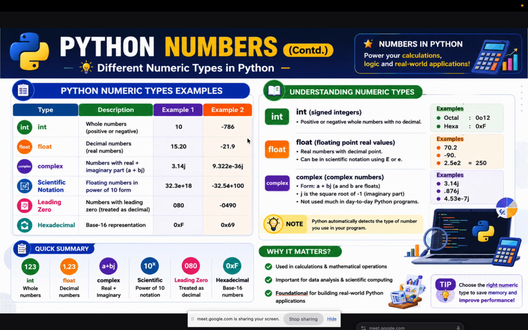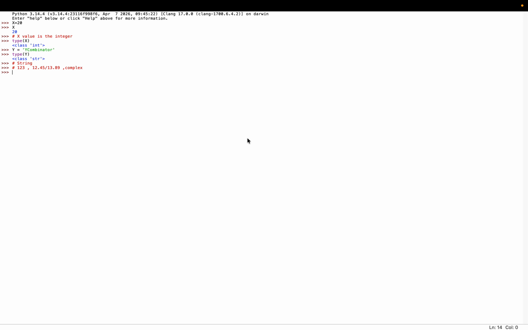Let's go ahead now. Suppose I give one value. Suppose I mention here data is equal to 13.56. Now this is a decimal, right? Yes, this is a decimal. But how do we get to know? You can search it here: type and data, and enter.